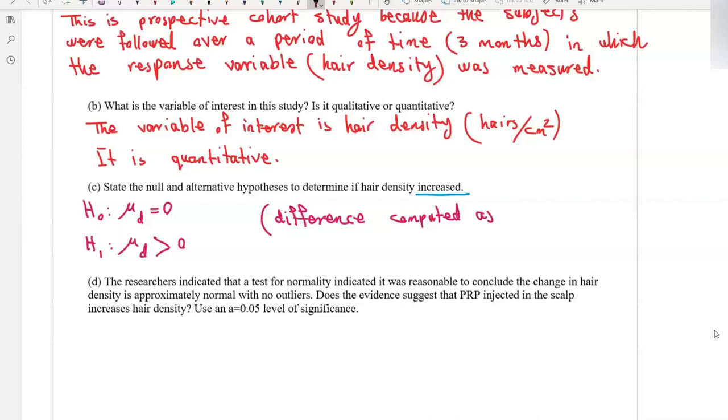That's why we have positive. If I had before minus after, we would have a left tail, and instead of increase, we would have decrease.